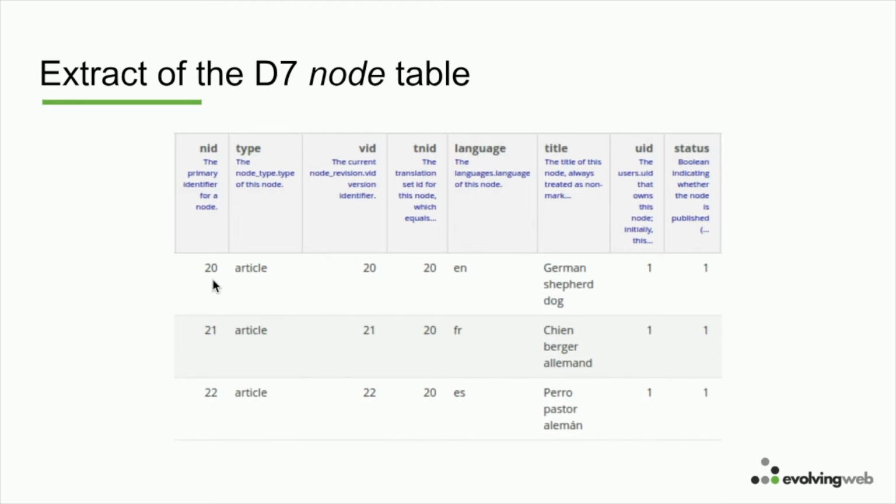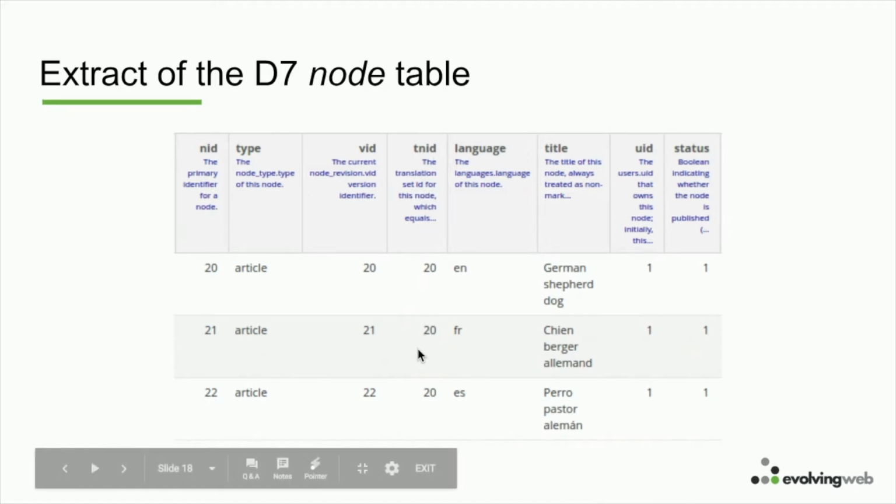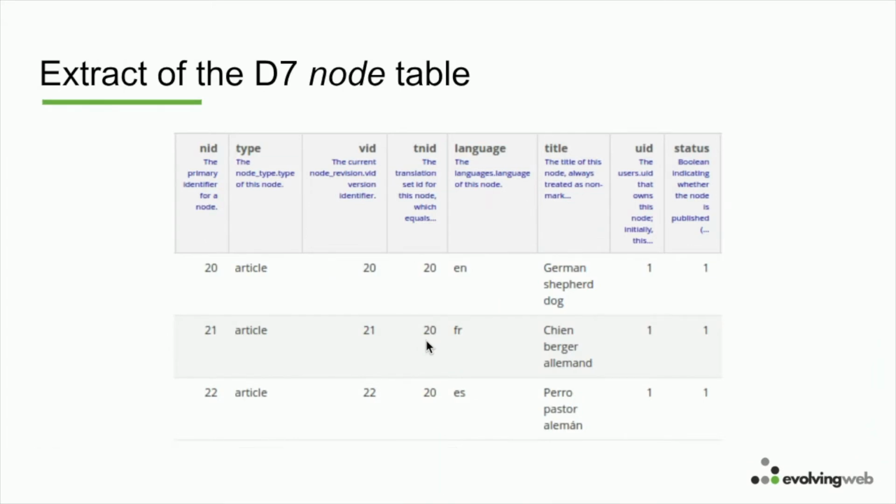So here, firstly, I created a node which got the ID of 20 with the title German Shepherd Dog. And it's in English, which is the base language for my Drupal 7 site in this case. And then I translated that node into French, which resulted in another node, node 21. But if we see something called TNID, translation node ID, I think, which means which node was translated in order to get this particular node.